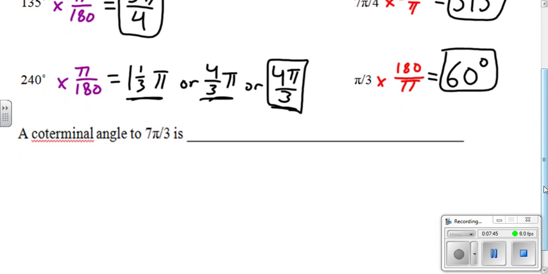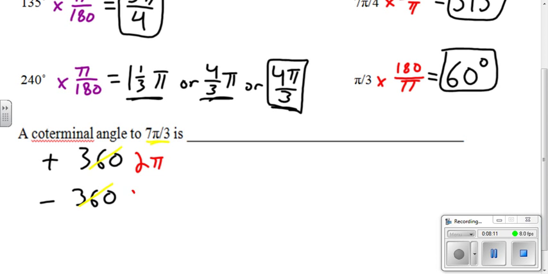A coterminal angle to 7 pi over 3 is, remember to find coterminal, we always either added or subtracted 360 degrees. So if we're given something in a radian measure, we don't want to use 360, we want to use a radian measure for that. 360 degrees, remember we said was 2 pi.